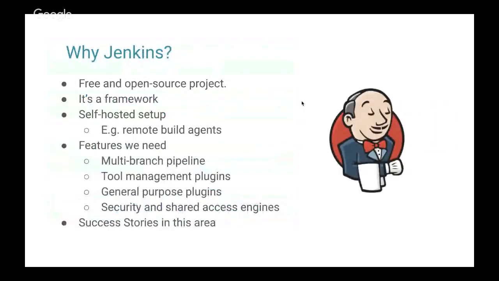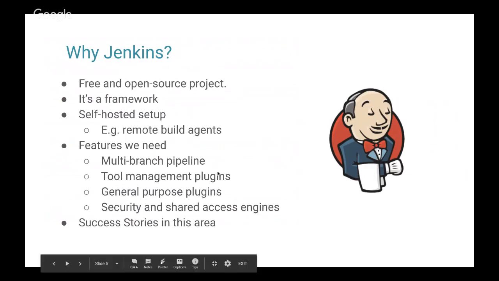So the question arises: why are we working with Jenkins? Obviously, for the reason that it's a free and open source project. It's a framework, and we can do whatever we want, like having a self-hosted setup, for example, remote build agents. The features we needed for our projects were multi-branch pipelines.